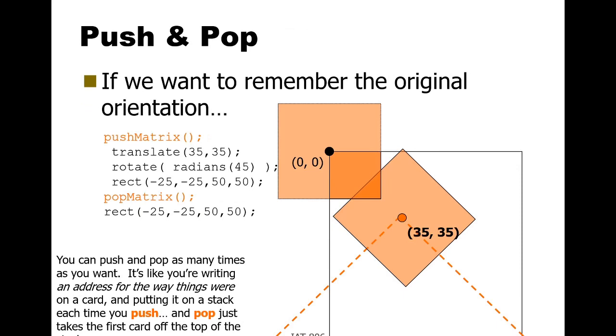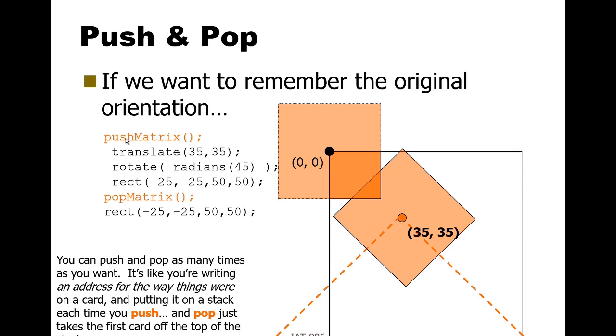So if we want to remember our original orientation, you can imagine doing the stuff we'd just done on the previous lecture segment: translate 35, rotate by 45 degrees, draw the rectangle. That would draw a rectangle here, rotated by 45 degrees.